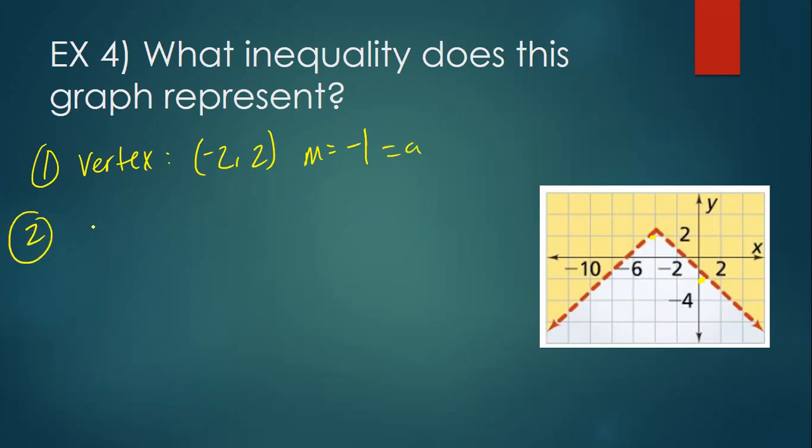Then I'm going to write it in general form. y equals -1 absolute value of x plus 2 plus 2. Step 3, is it dashed or solid? Yes. Oh, it is. Thank you.